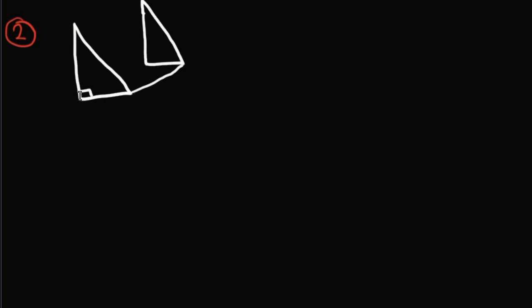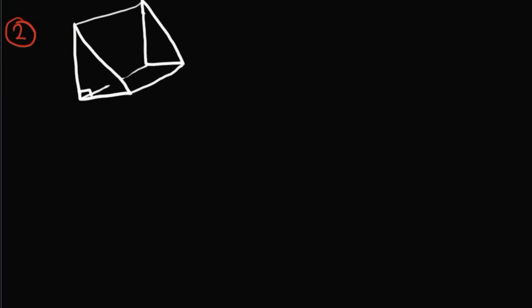Example 2. So we have a triangular prism of this format. This is called a right triangular prism.